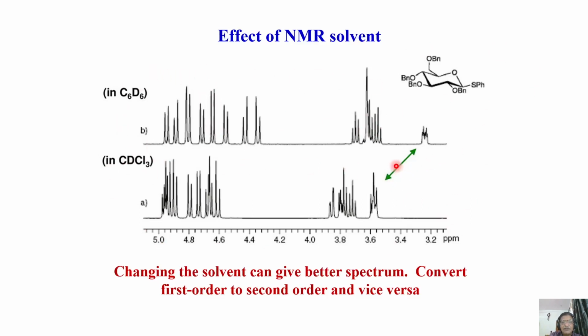What is the meaning of that? Here, what is happening in the chloroform? The spectrum gets crowded, and sometimes the chemical shift difference becomes so small, and then I'll tell you what is second order and first order. It will become more like a first order spectrum to analyze, instead of a second order spectrum to analyze.